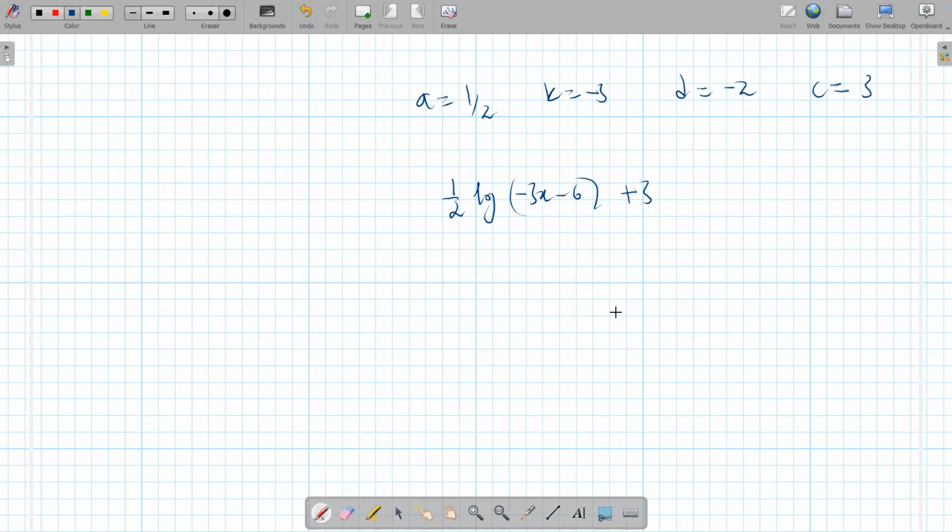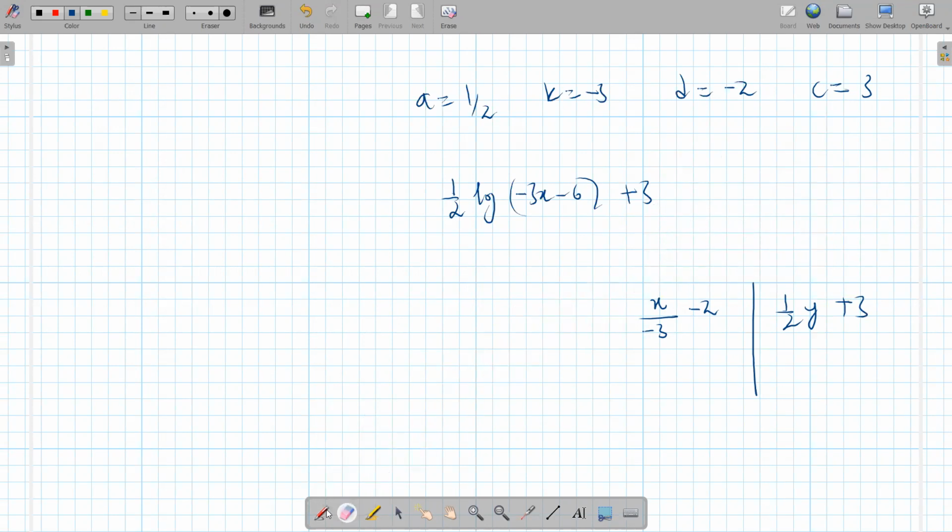So now we're going to use the point mapping rule. Always use the point mapping rule to turn this into x over k plus d, ay plus c. So this becomes x over -3 minus 2, and then 1 over 2y plus 3.